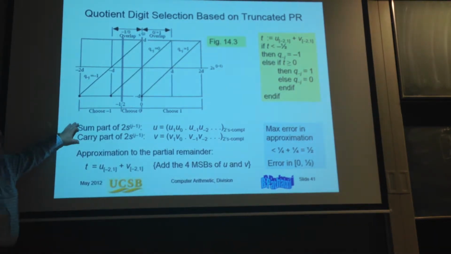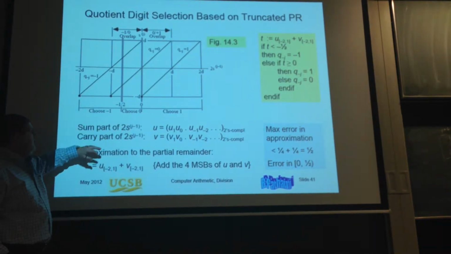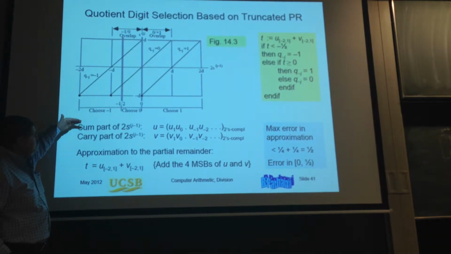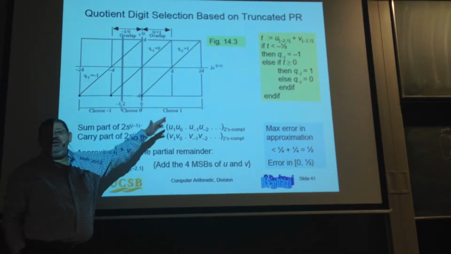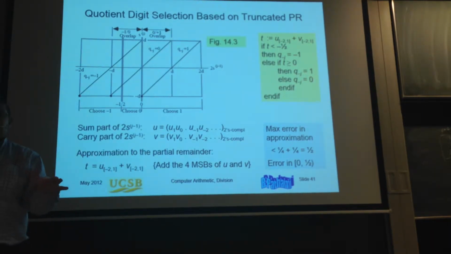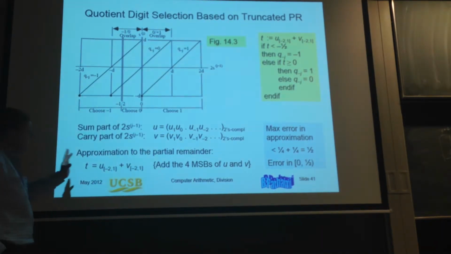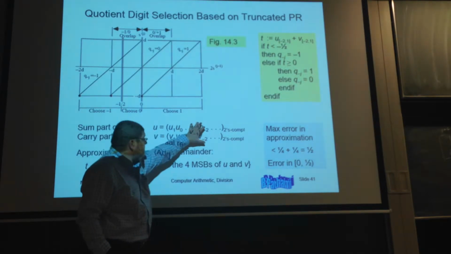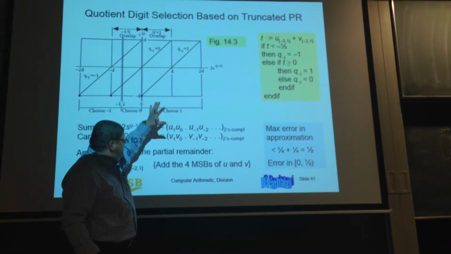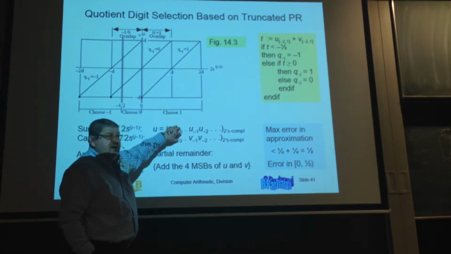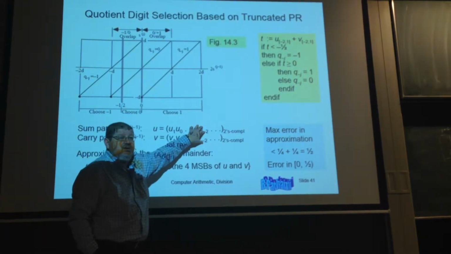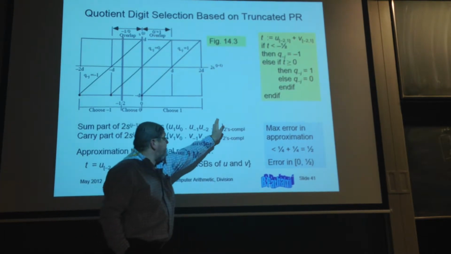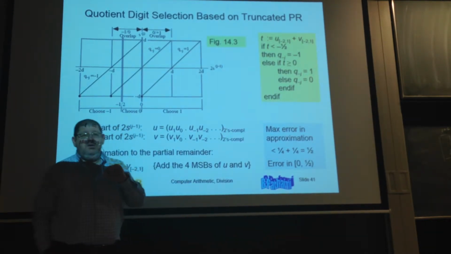And I keep them as two numbers, and I call them U and V. It would have been probably more suggestive to call them S and C, because this is sum and this is carry, but it doesn't matter, just a convention. Now I'm inspecting from those bits only 2 bits which are in the integer part and 2 bits in the fractional part. The rest of the bits here I'm just dropping.